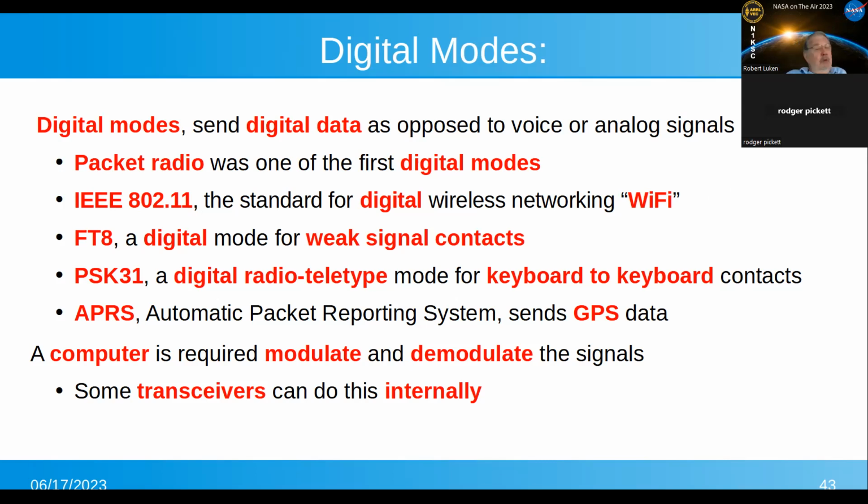Very, very weak signals. Moon bounce is one of the modes in the WSJT-X software, which is a suite. It has about 6 or 8 modes like FT8, FT4, JT65, and I think MSK144. A bunch of different ones that are all weak signal.